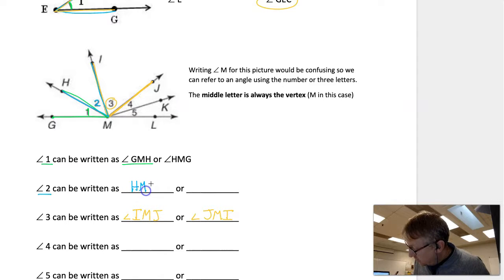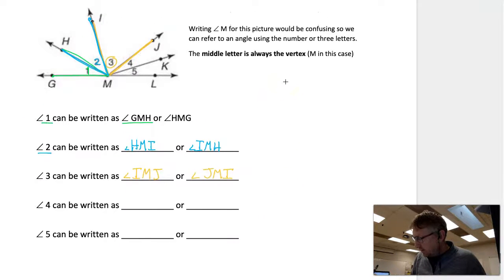HMI. And if you put the angle in front of it, then you're telling people, I'm making the angle from H to M to I. And of course, we can reverse the order. We can start at I, go to M, and go to H just as well. IMH.